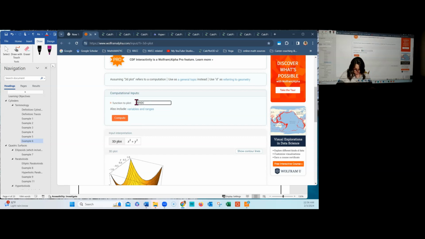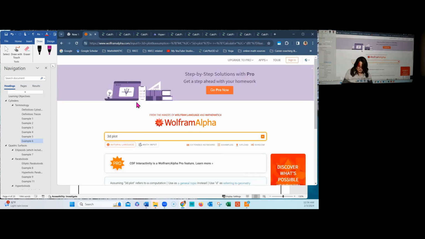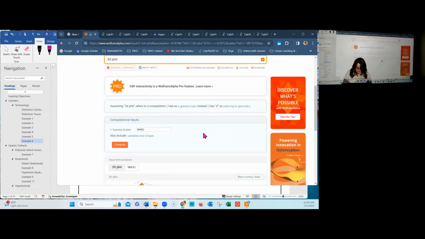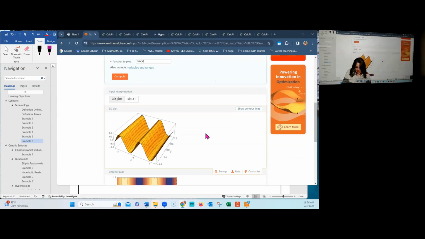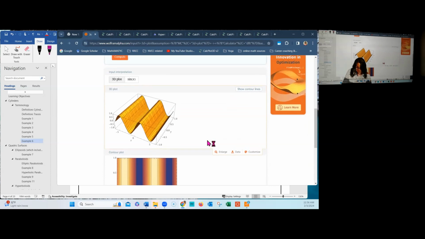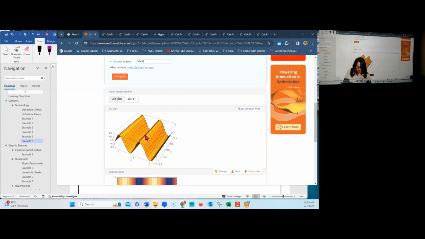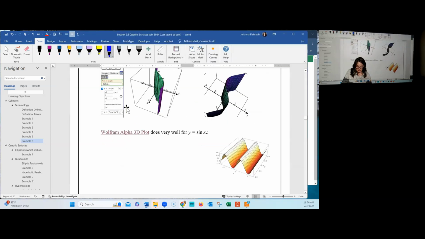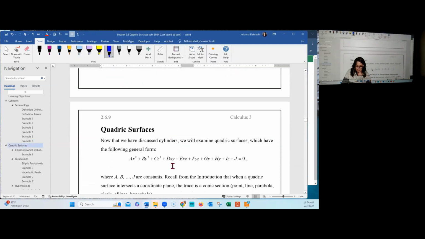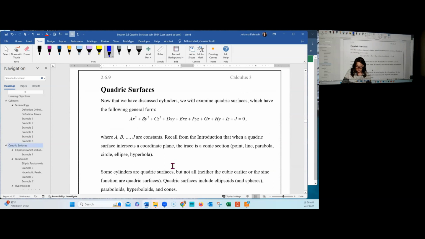I'm not sure if Wolfram Alpha requires parentheses around x, but CalcPlot 3D definitely does. Now you can see we've got the plot down here, and it is correct, drawing a 3D image of it. So make sure when you plot these that it's meeting your expectation. Don't over rely on technology.